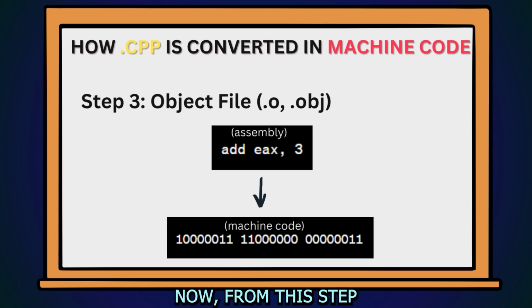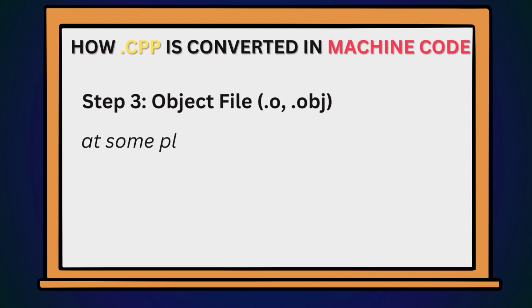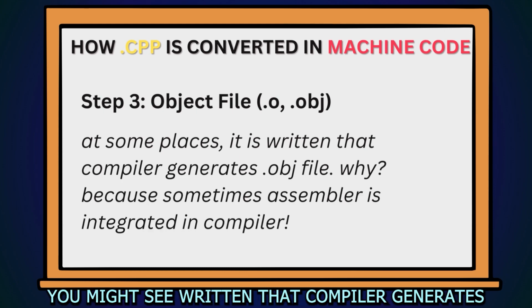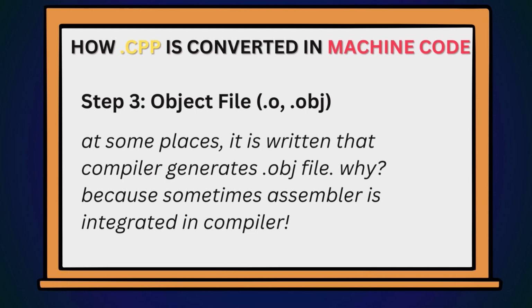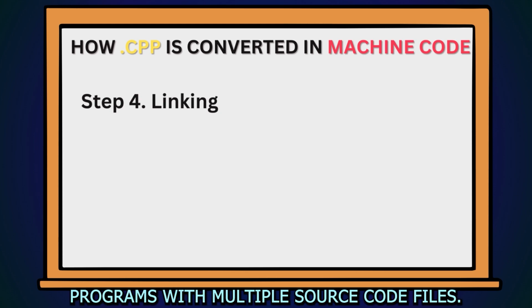From this step, a file with a .o or .obj extension is generated. Steps 2 and 3 often happen together, so in some places you might see it written that the compiler generates the object file. In future, we will create programs with multiple source code files.